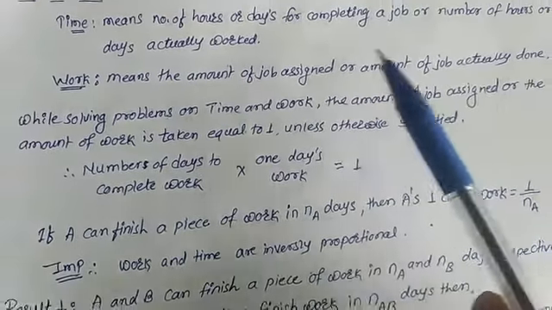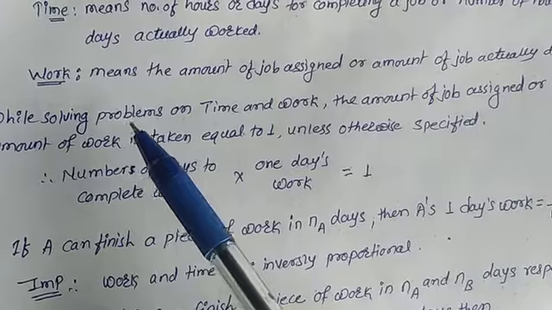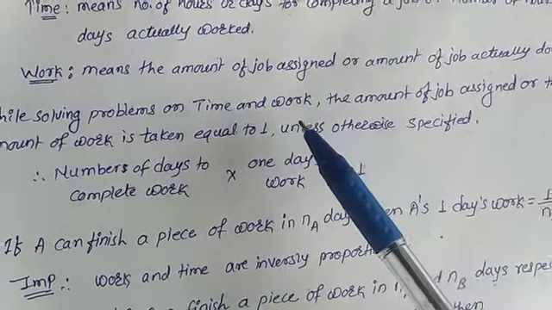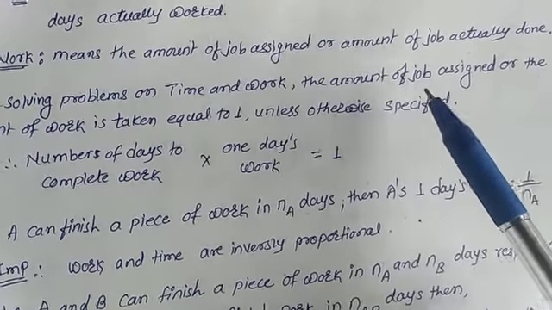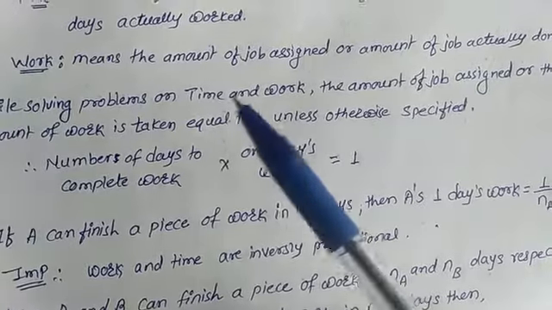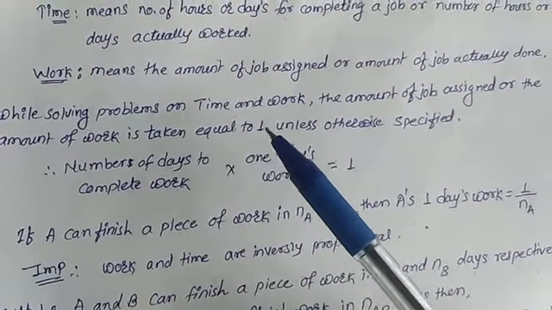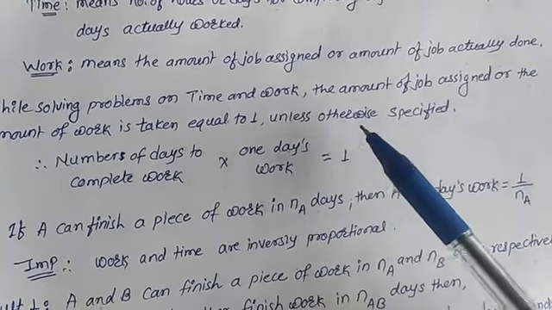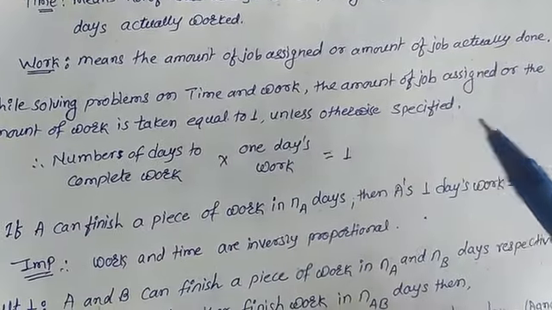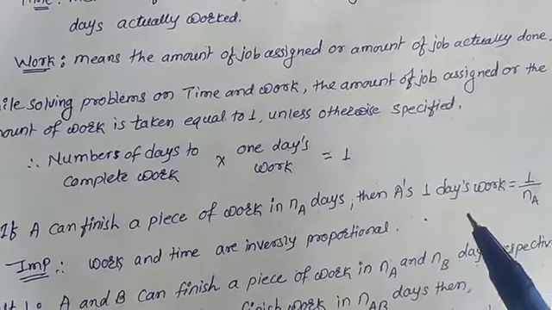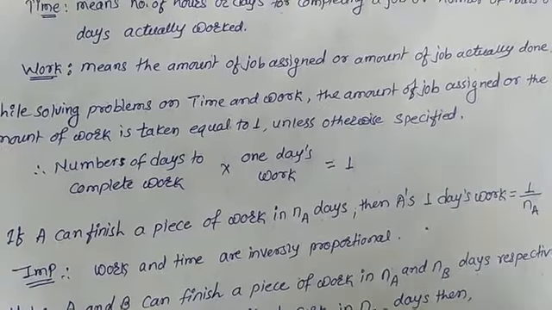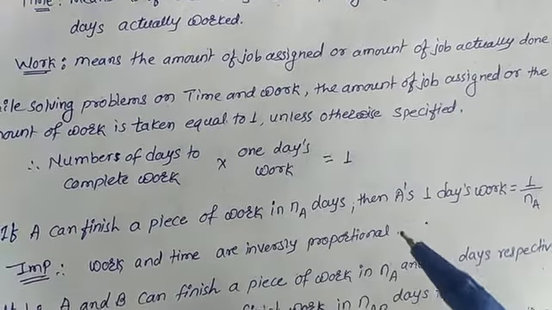While solving problems on time and work, the amount of job assigned or the amount of work is taken as 1 unless otherwise specified. That means if a specific work is given, it will be calculated then.